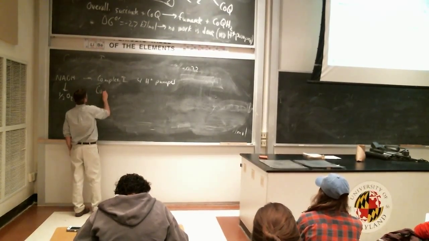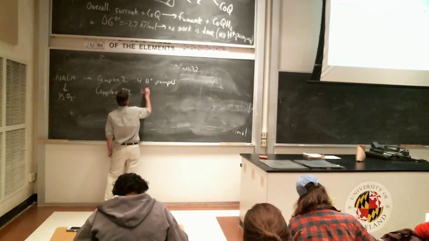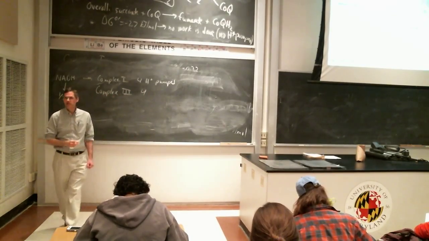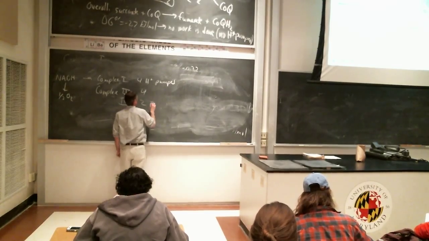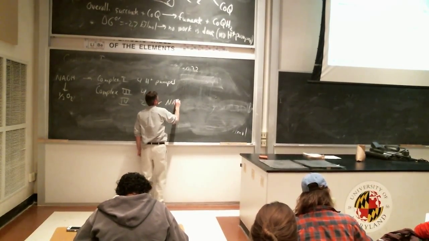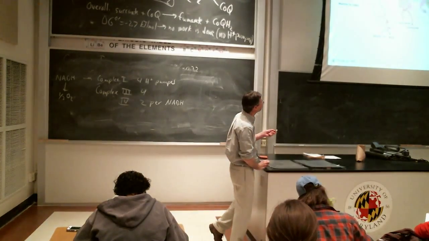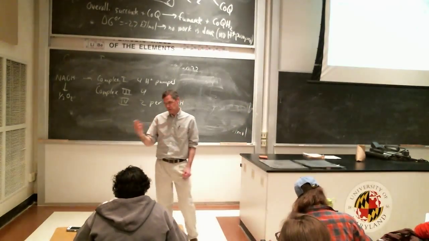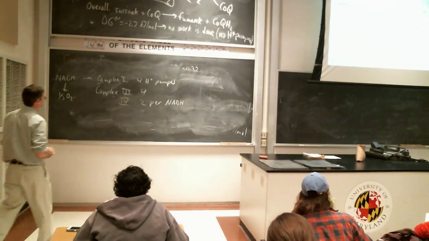Complex 3 is 4 protons per NADH. Complex 4 is only 2 protons per NADH. Yeah, they show 2 per NADH. So it's 4 per oxygen, but only 2 for half a mole of oxygen. Right, so that's 10 protons.